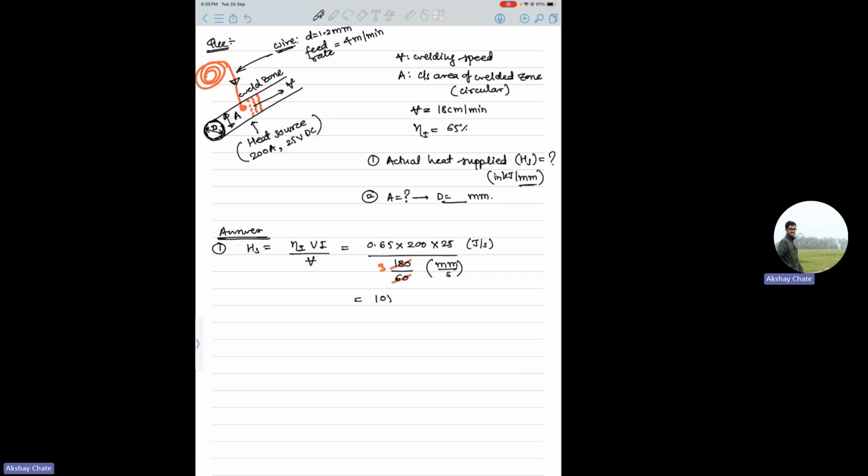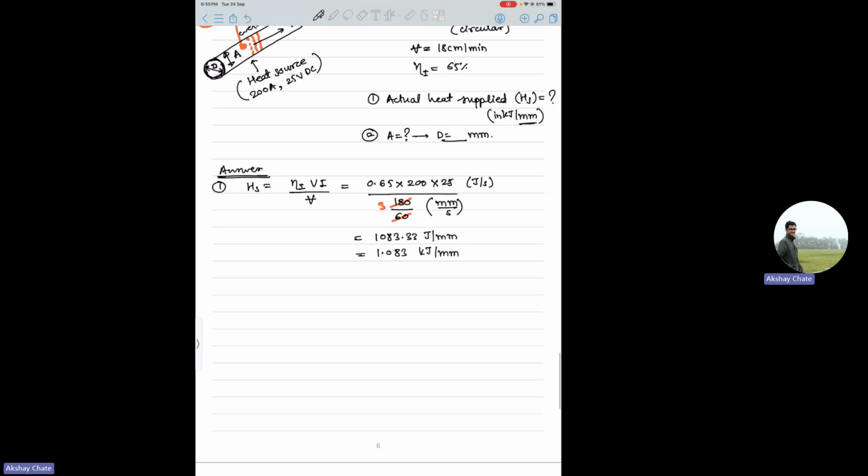So we will have 1083.33 joule per mm, but they are asking in kilojoule, so this will be 1.083 kilojoule per mm. Okay, you have to be very careful if you are thinking of the GATE exam or something like that. Always be aware of units.